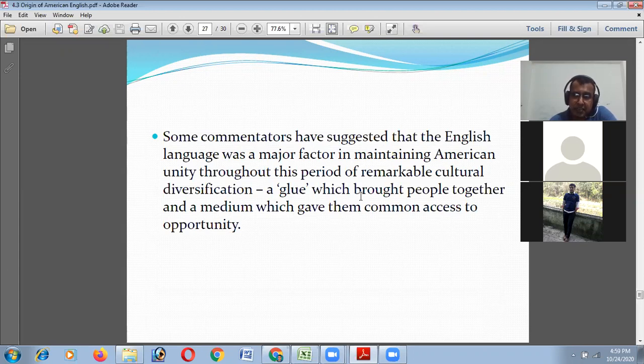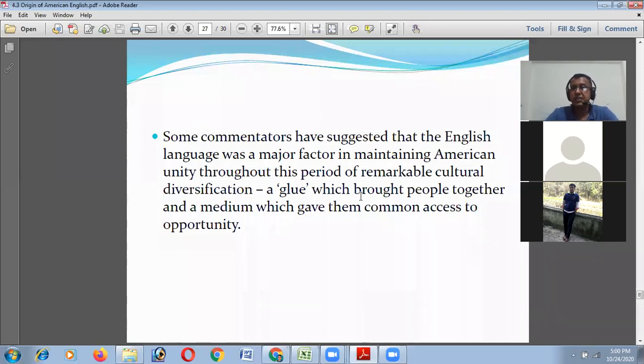American nationality. That means the language, the linguistic ethnic group, created a more united linguistic group in the USA. Though we see that the American people came from diversified cultural origins. That means the people of Europe, the people of Africa, the people of the Indian subcontinent, from all over the world, went to the USA.